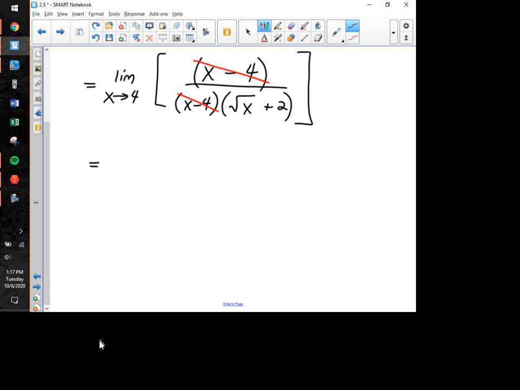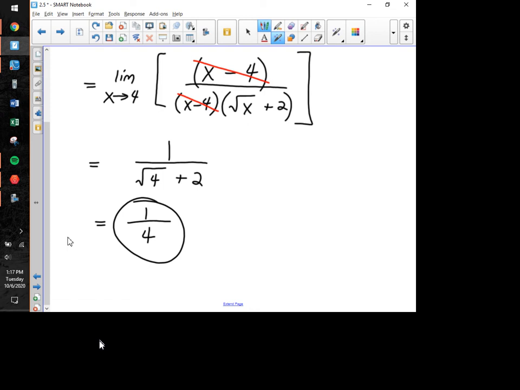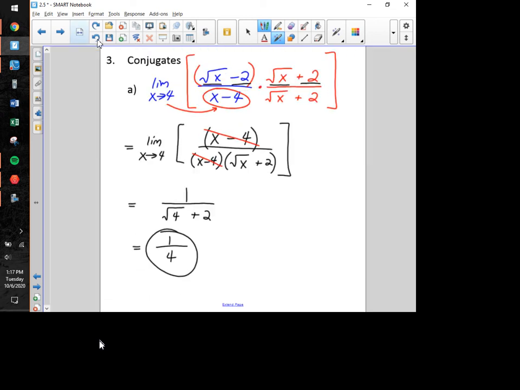So the numerator, when everything cancels, is just going to be a 1, and in the denominator, that's now going to be the square root of 4 plus 2. Last I checked, the square root of 4 is 2, and 2 plus 2 is 4, and that's our answer there, everybody. 1/4 is the limit for this problem right here.